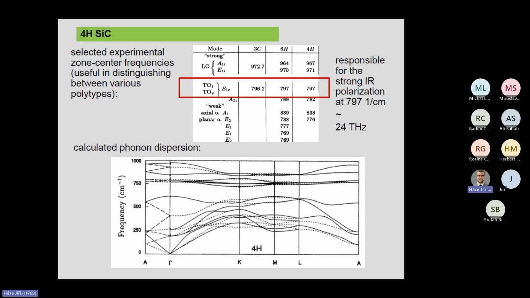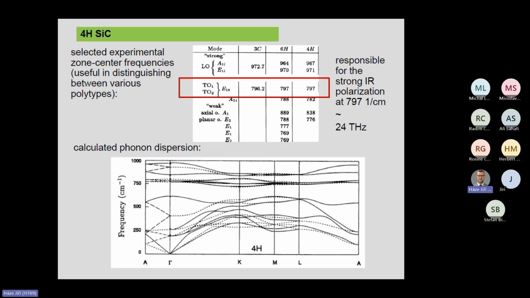The frequency here is shown in wave numbers, which is the typical quantity used in infrared and Raman. This is just the number of waves per 1 centimeter in space.